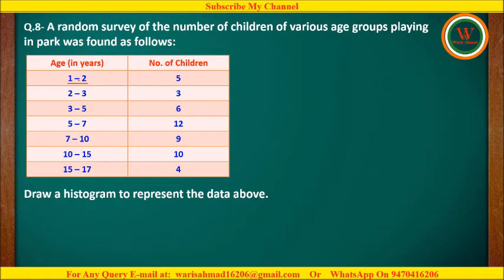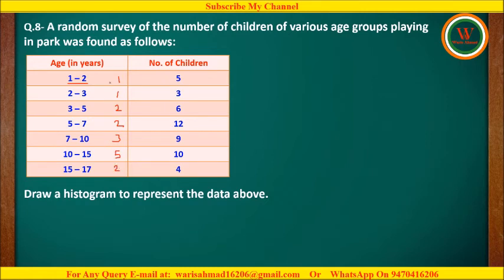So here 2 minus 1 is equal to 1. So here the size of the class is 1, or we can say the range of the class is 1. 3 minus 2, again 1. 5 minus 3, that is 2. 7 minus 5, 2. 10 minus 7, the result is 3. 15 minus 10, 5. 17 minus 15, 2.